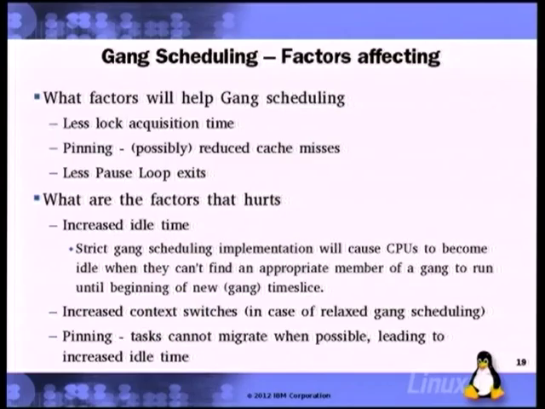In relaxed gang scheduling, I'll talk about these 2 types of gang scheduling in the next slides. And pinning sometimes would introduce more idle cycles, because the vCPU task cannot migrate. Since we pin them onto a CPU, they are not able to migrate even if the load on the other CPU is lesser.